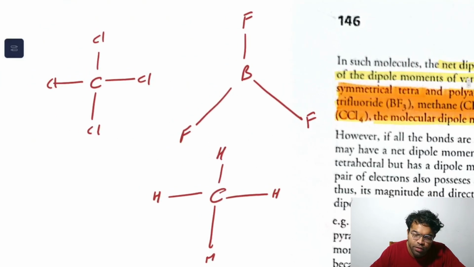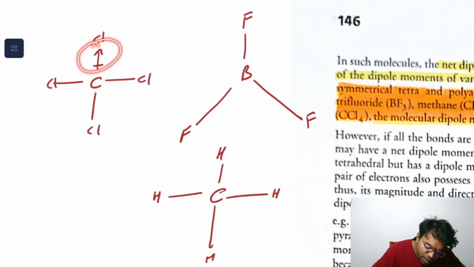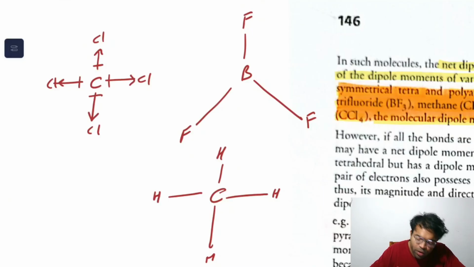Now Drupad, which has more electronegativity, carbon or chlorine? Chlorine, right? Chlorine is more electronegative. So for this particular bond, the dipole moment will be in the upward direction. For this bond, the dipole moment will be here, for this bond here, and for this bond here. So the dipole moment is being cancelled out.